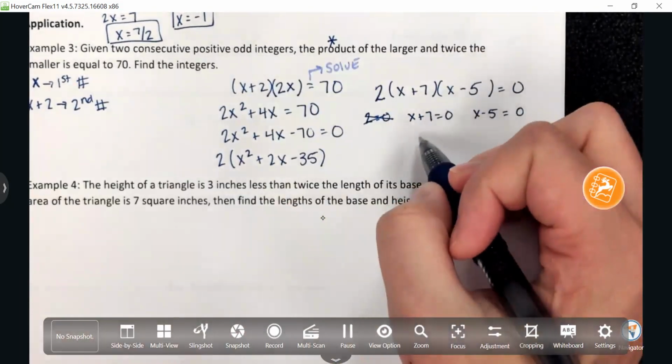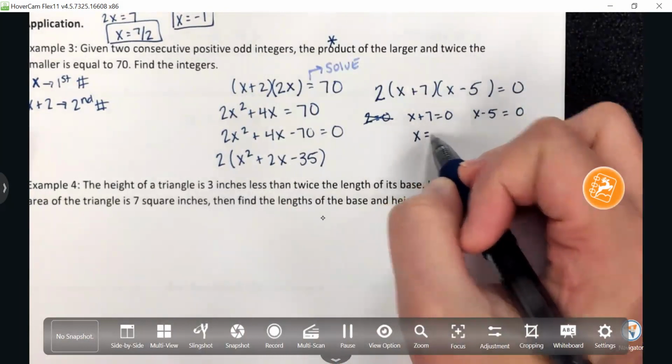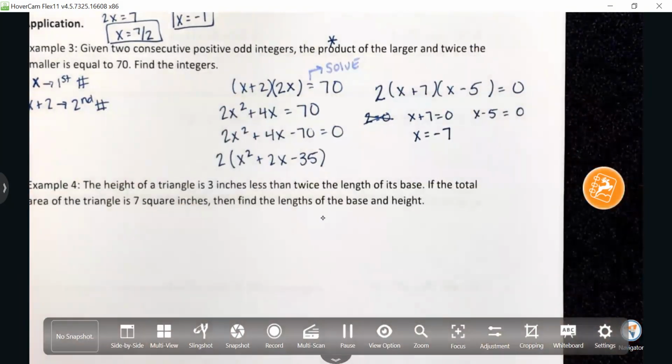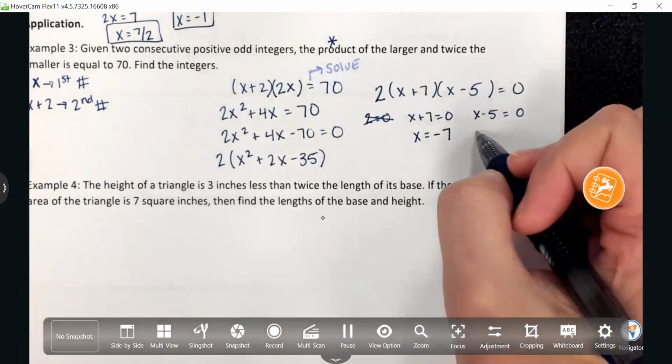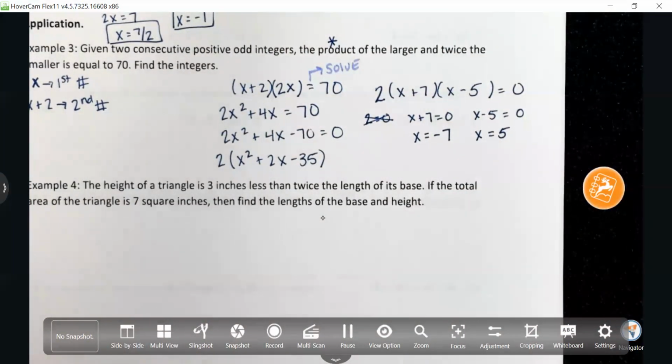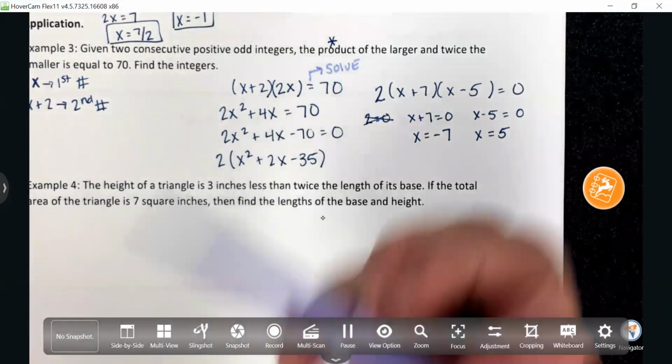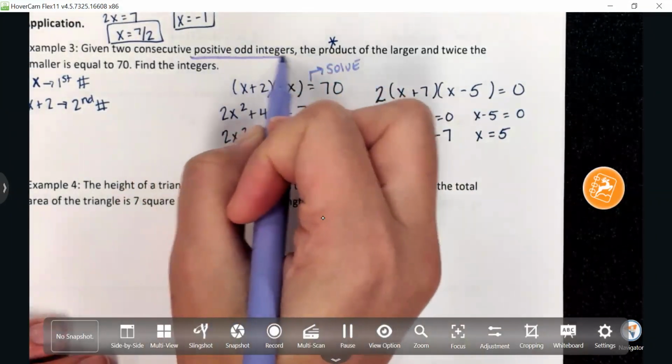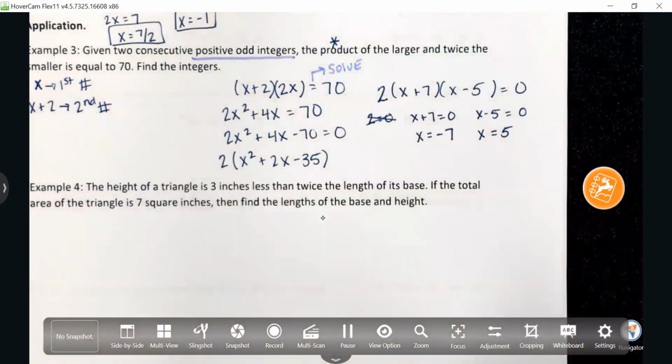When I solve for x, I'll get x equals -7. And when I solve for this x, I'll get x equals 5. Which one's the correct answer? Why is 5 the correct answer? Because it had to be a positive odd integer.